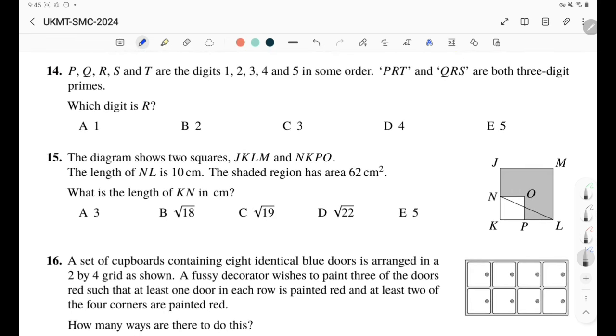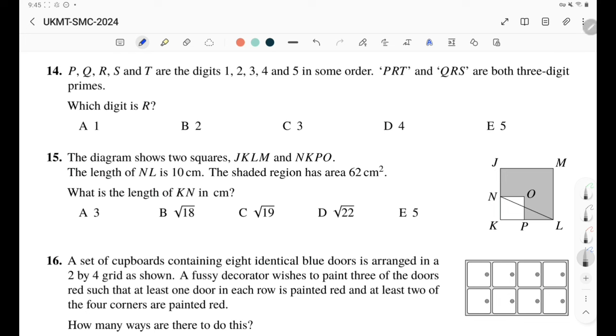Next, P, Q, R, S, and T are the digits 1, 2, 3, 4, and 5 in some order. Alright, PRT and QRS are both 3-digit primes. Which digit is R? Alright, let's analyze that. These two numbers are primes. So for sure T and S cannot be 2 or 4. They cannot be 5.